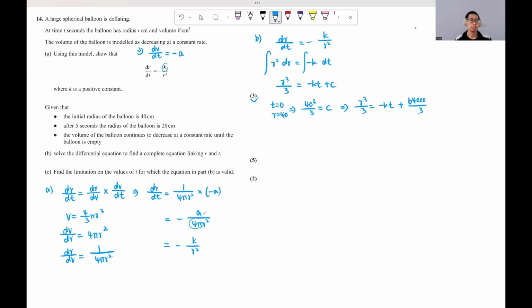The second condition says after 5 seconds, the radius is 20. So when t equals 5, r is equal to 20. Substitute that in: 20 cubed over 3 is equal to negative k times 5, which is negative 5k, plus 64,000 over 3. So 20 cubed over 3 minus 64,000 over 3 is negative 56,000 over 3, equal to negative 5k.